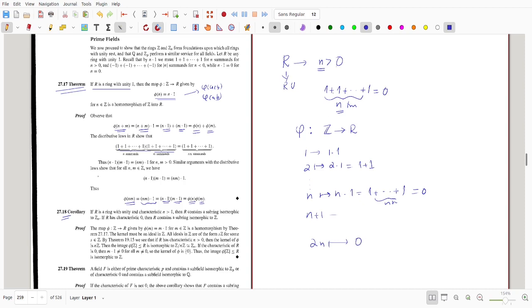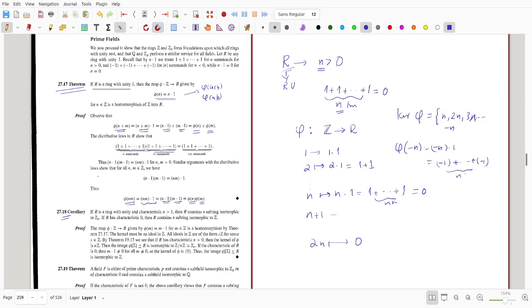So when R is a ring with characteristic n, what is the kernel of this phi? Kernel phi consists of n, 2n, 3n, etc. Similarly minus n. What is phi of minus n? That is minus n times 1. This is nothing but summing up minus 1, n times.